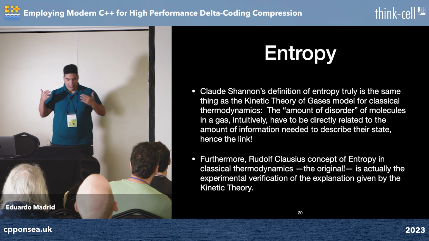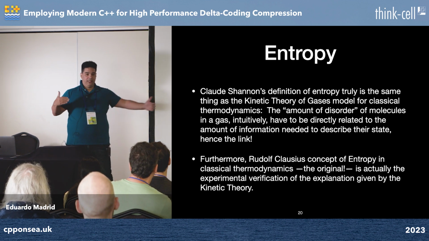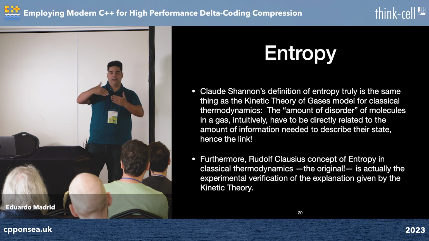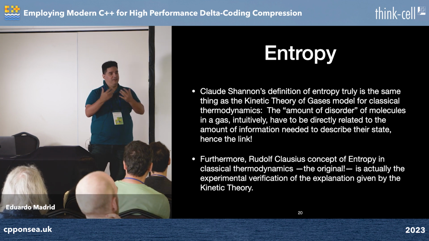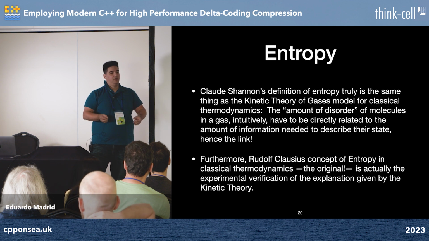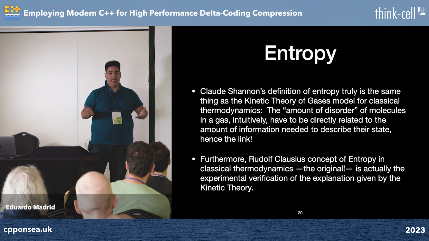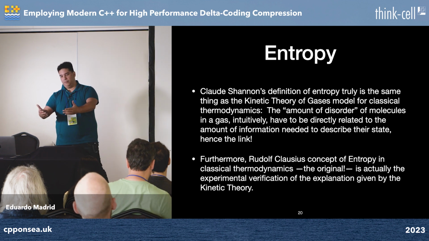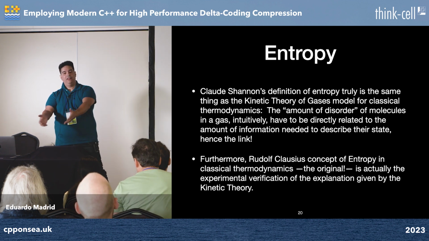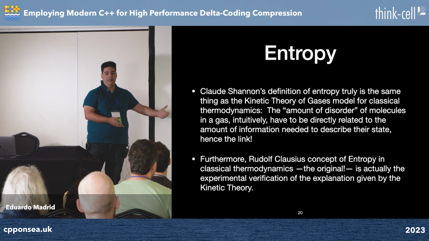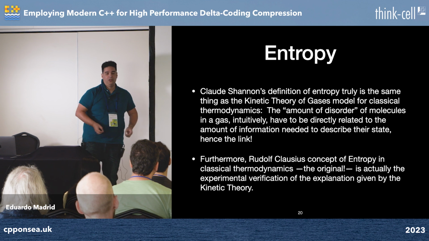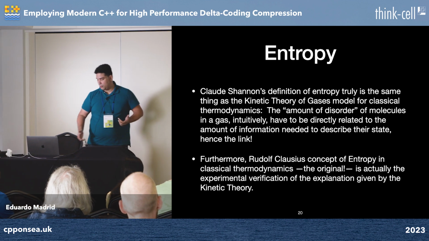So the link between the reality of physics and Shannon's entropy is precisely that the more complicated it is to describe the chaos in a system of gases, the more thermodynamical entropy it has. And at the same time, the more bits are required to represent and describe it.